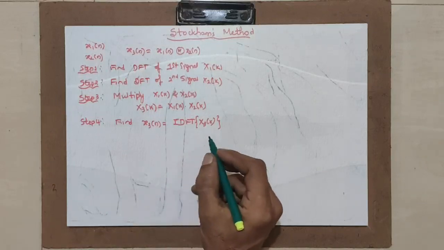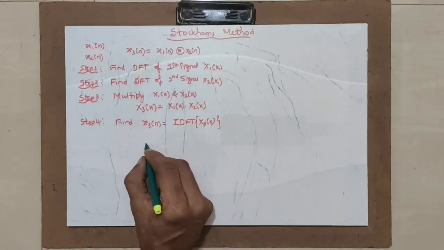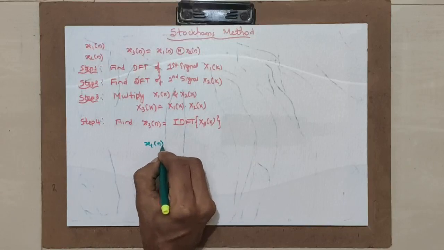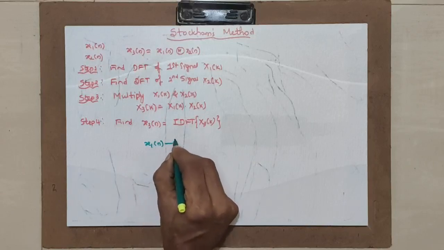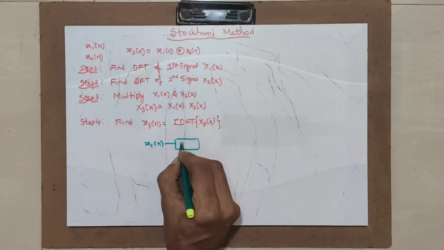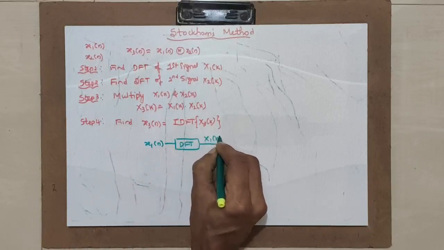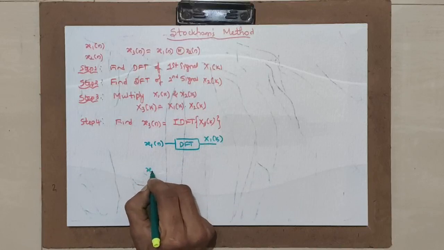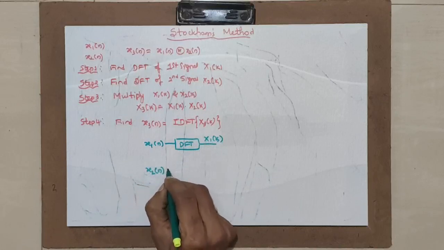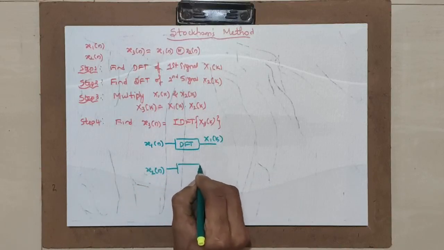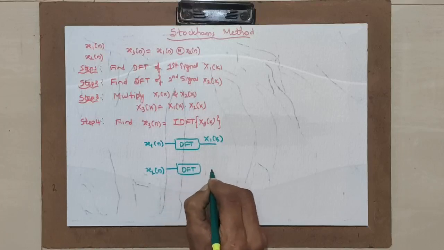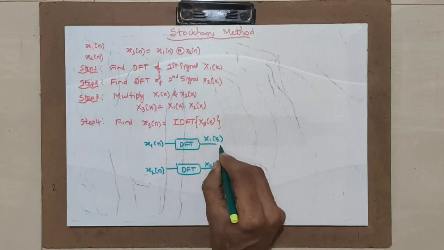See, in a pictorial manner, you can see that x1n, DFT you have to find out. You will get x1k. Similarly, x2n, DFT you have to find out. You will get x2k.